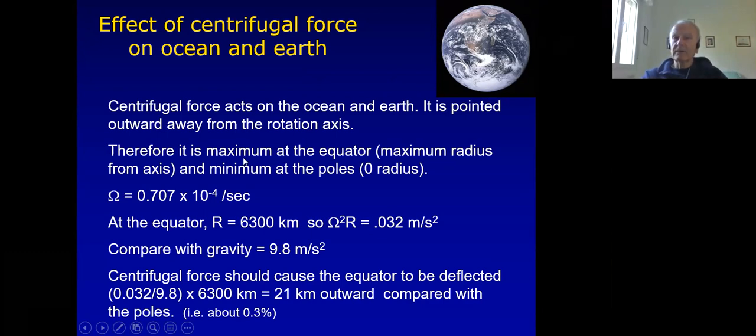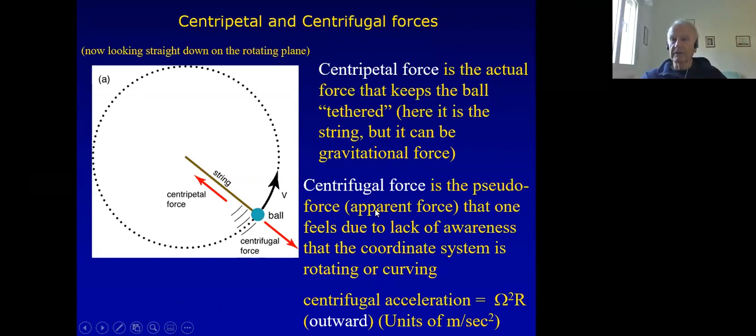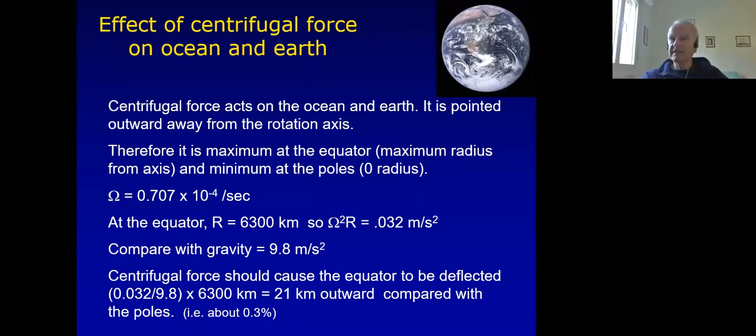Therefore, the maximum of the centrifugal force is at the equator, because it is proportional to the radius, or the distance of the body from the rotation axis. So it is the maximum at the equator, and minimum at the poles where the radius is 0.